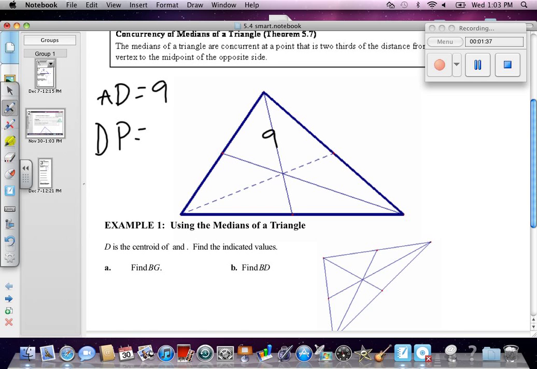We know that the medians of a triangle are concurrent at a point that is 2/3 of the distance from each vertex. Okay, so if from here to here is 2/3 of the whole thing, what is from here to here, or we call that DP? If 9 is 2/3 of the way, what's the extra 1/3? 4.5.